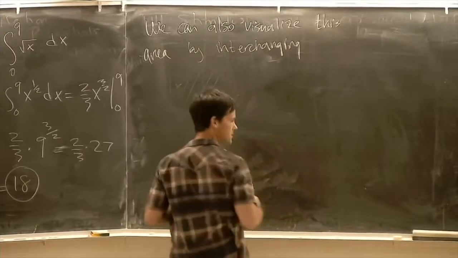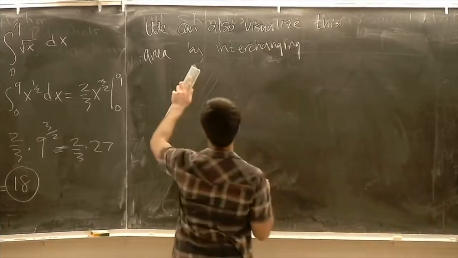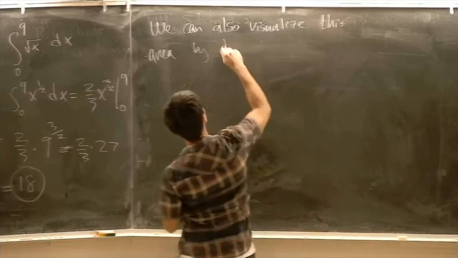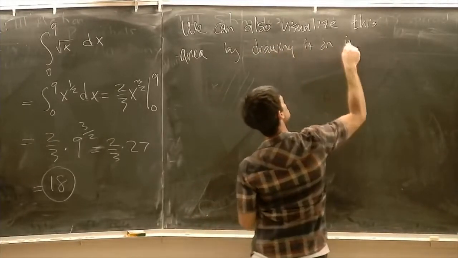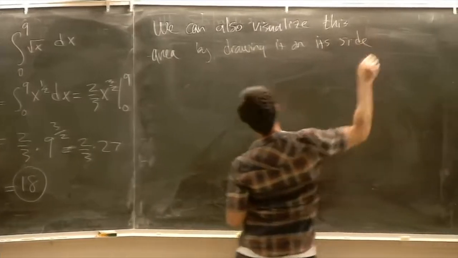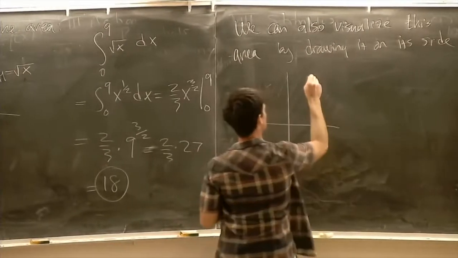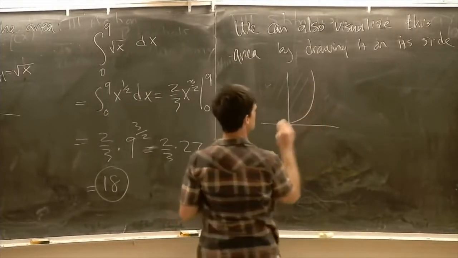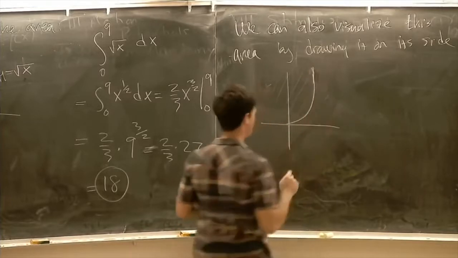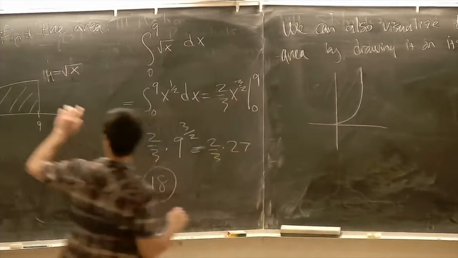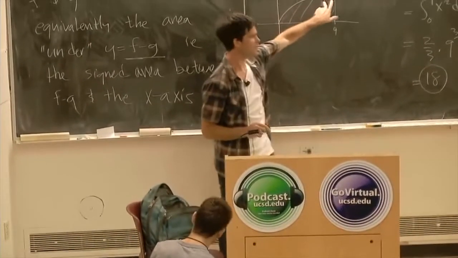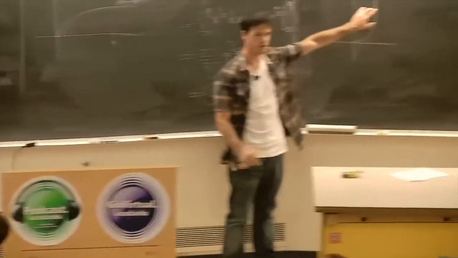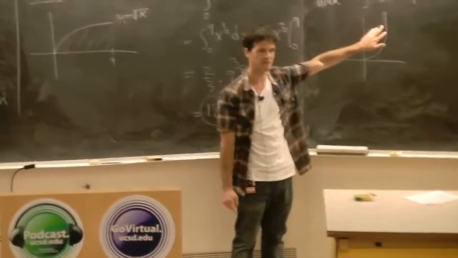In fact, let me say by drawing it on its side. Like this. If y was equal to the square root of x, what's the formula for it when I draw it on its side?